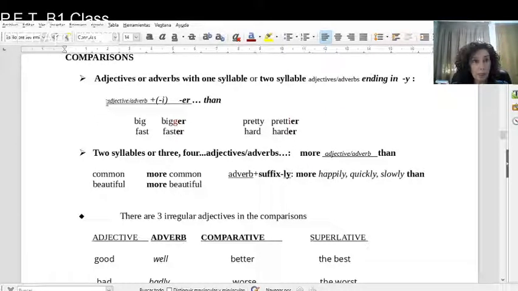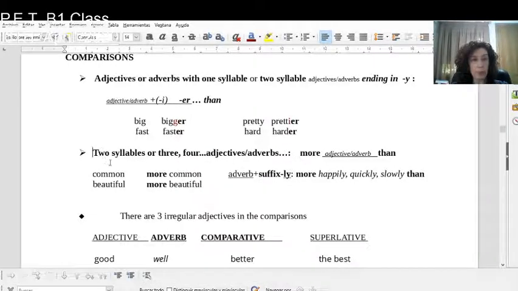Then to the adjective or the adverb, we add the suffix -er than, más que. For example, big, bigger. The ending was vowel and consonant, with the consonant doubled before the suffix. Then faster, prettier, and harder. The rest, the theory is standard like that.